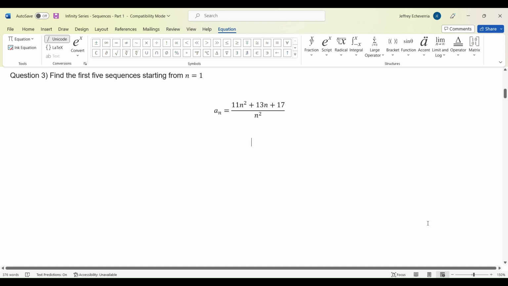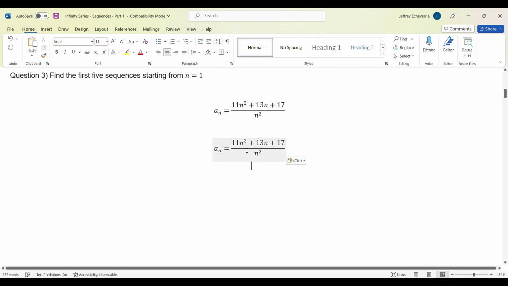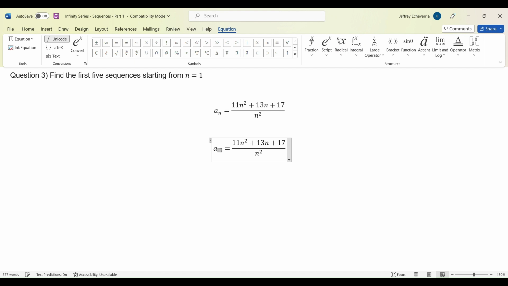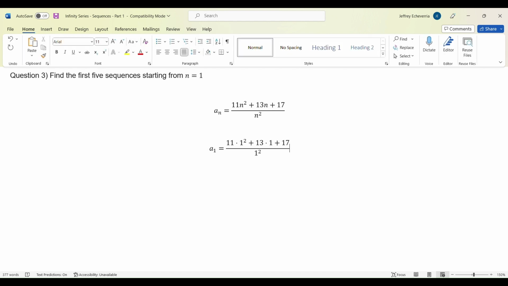For question number 3, find the first 5 terms starting at n equals 1. So let's copy and paste. We replace all the n's with 1's here, so we can find out what a sub 1 is. The numerator will be 41 and the denominator will be 1, which simplifies to 41.